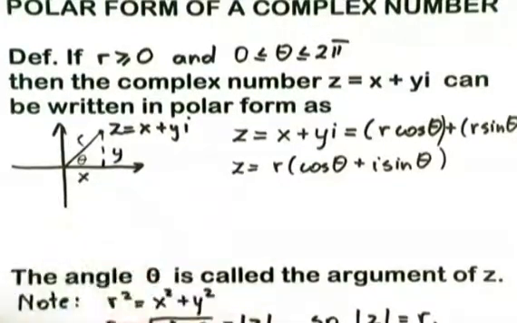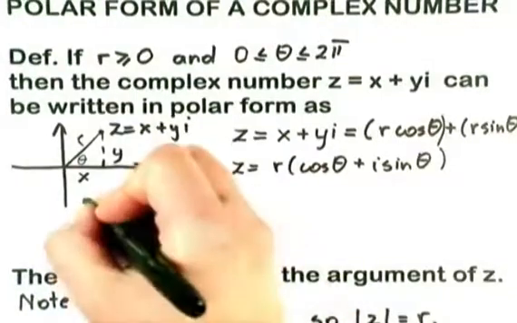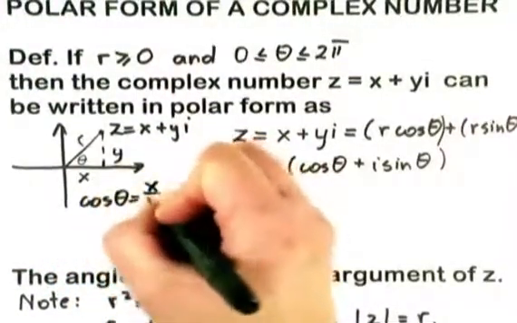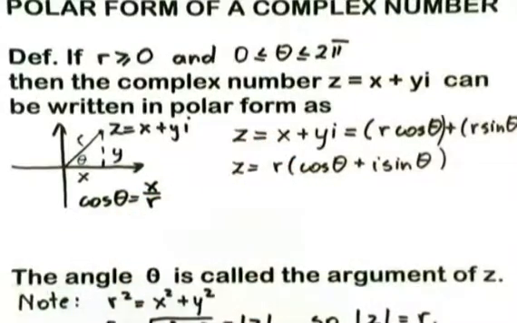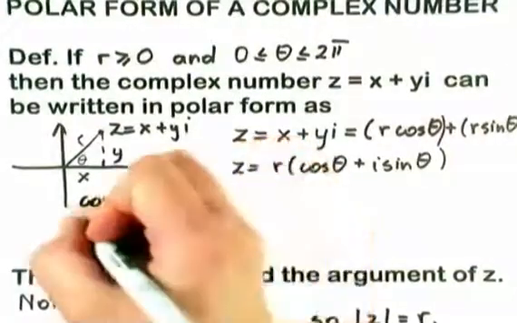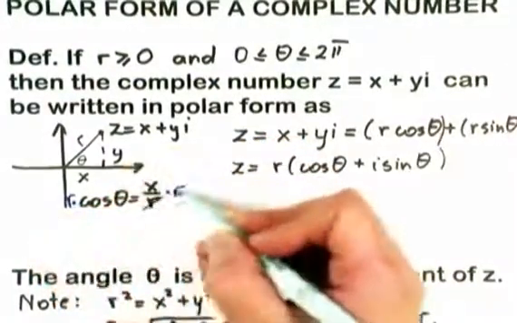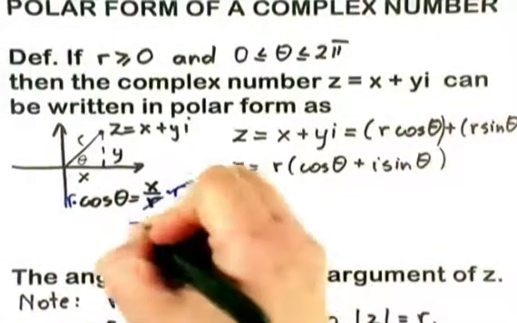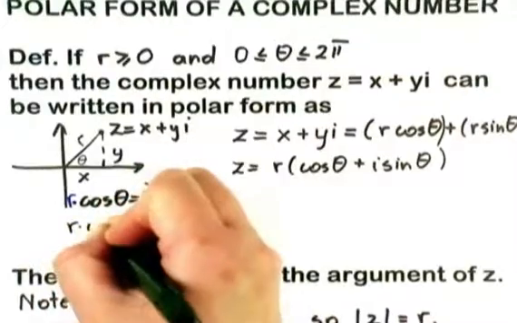Adjacent over hypotenuse is cos theta, which is x over r. We can solve it for x, multiply times r, this cancels out, so I have that x is equal to r cos theta.